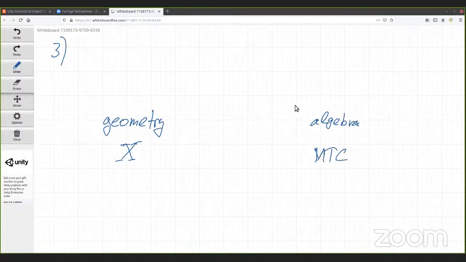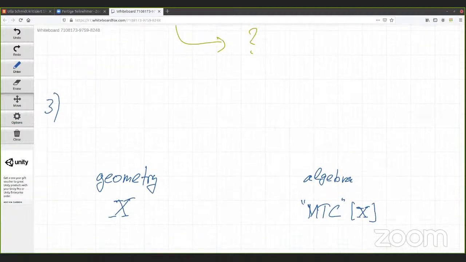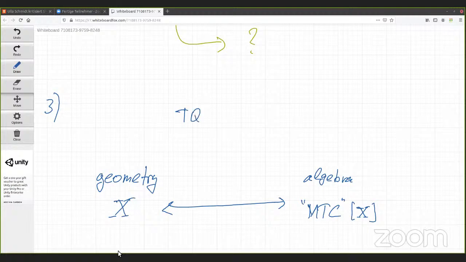It's really an MTC in quotes because it may not have all the structures of a traditional MTC, but it's determined by the hyperkähler geometry of X. And then in this greater generality, it actually makes sense to ask about the connection with TQFT, topological quantum field theory, or since I'm writing just branches of math, I'll say topology.